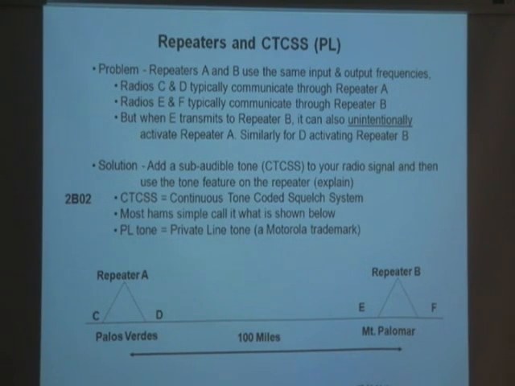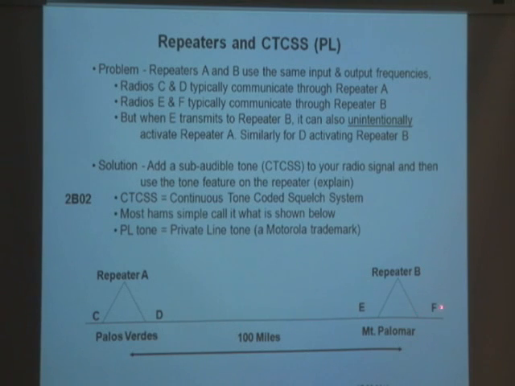Okay, here's a little bit more technical problem. Let's say there's a repeater up here in Palos Verdes, and this actually happened at a repeater at my house, so it's kind of interesting that it's in the question here. Someone owns it, and it has a certain input and output frequency. Two hams, C and D, can talk to each other through this repeater.